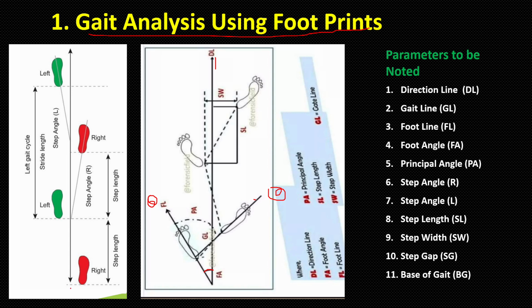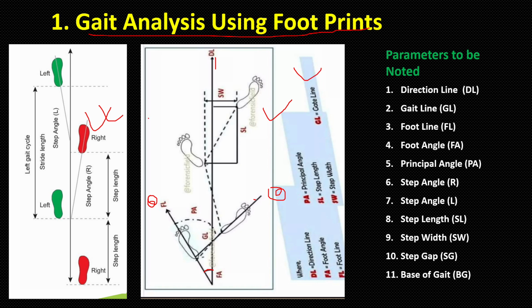You also have to draw such types of lines, because the parameters calculated from this pattern depend on the availability or the visibility of the footprint. So this is not limited. Various types of parameters which I have shown in these two pictures can be used for the analysis.